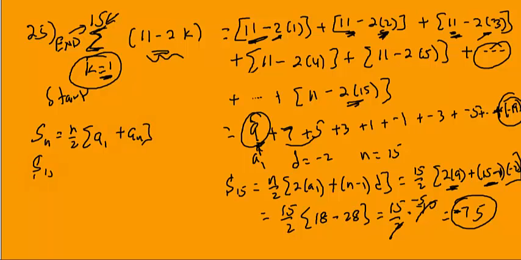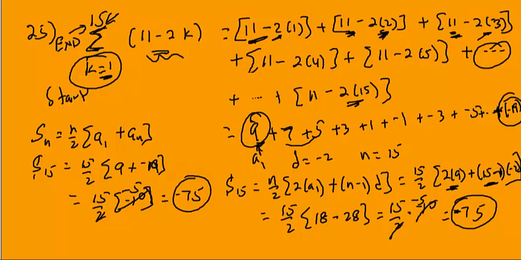So my S sub 15 will be 15 over 2, all that times 9, plus a negative 19. That's going to give me 15 over 2, all that times negative 10, and then that reduces to negative 5, which will give you negative 75.